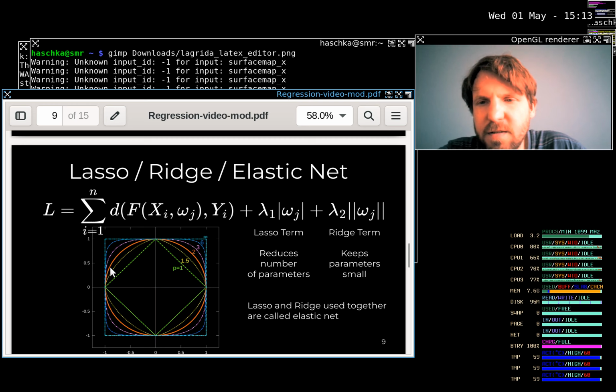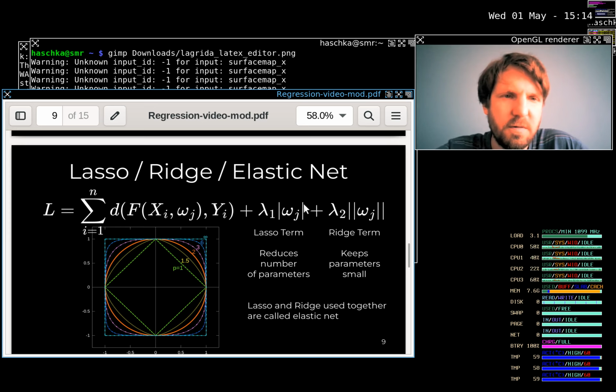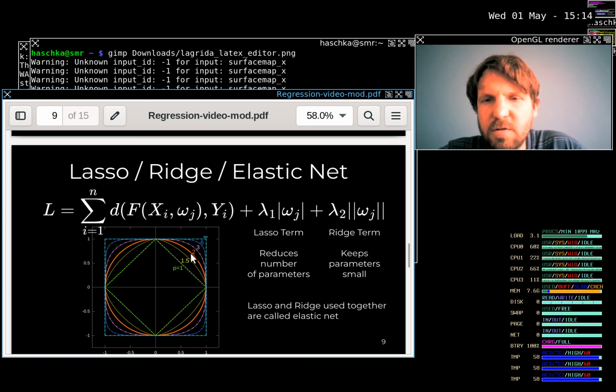The story is that if I want to minimize this, the diamond shape looks for solutions which hit the edge of the diamond, and this is why many of these will be set close to zero, and some will stay, because these are the ones that hit the diamond. Here I have a sphere, so it can touch all of them.